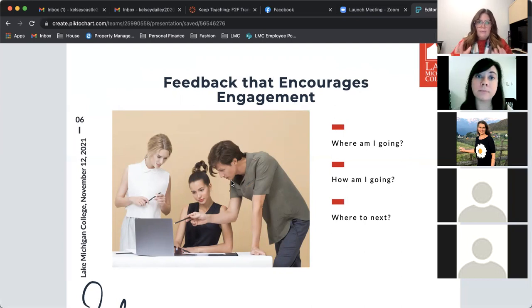So really the suggestion is to switch your frame of feedback to that where to next. So you completed this. Where do you see this moving on in your research? Where do you see this going forward in your lab work? Where do you envision this moving forward? So this amplifies engagement with the assignment and allows students to expand on the knowledge that they already know.